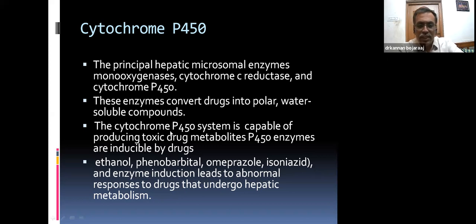This enzyme induction of the P450 system leads to abnormal responses of hepatic drug metabolism, especially in a patient with alcohol use who takes a large amount of paracetamol, leading to acute to fulminant hepatic failure by induction of the P450 system, which endangers the life of the patient. That is the idea behind the cytochrome P450 system. These drugs are enzyme inducers for P450.